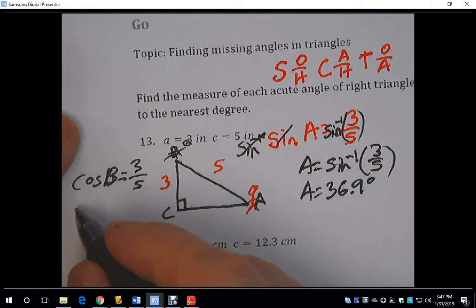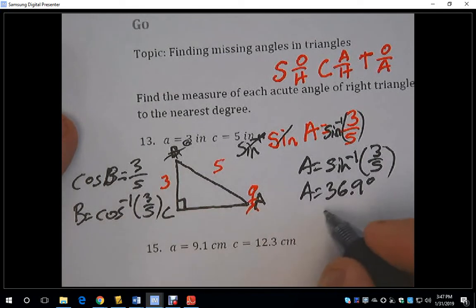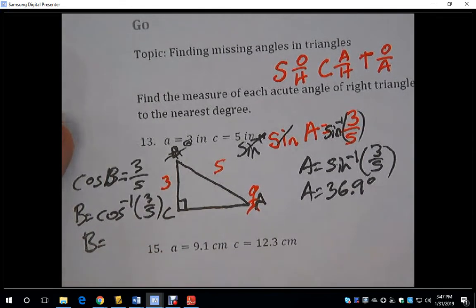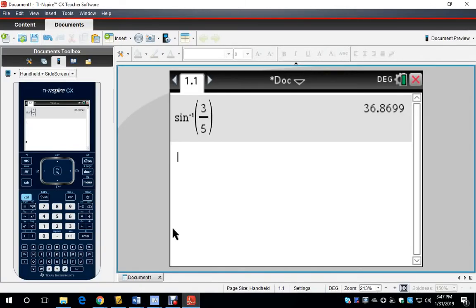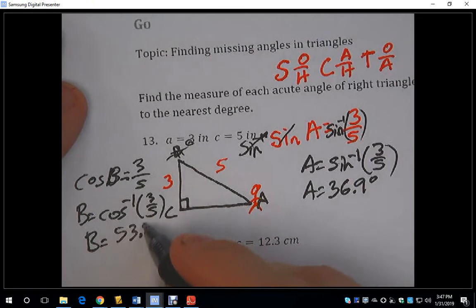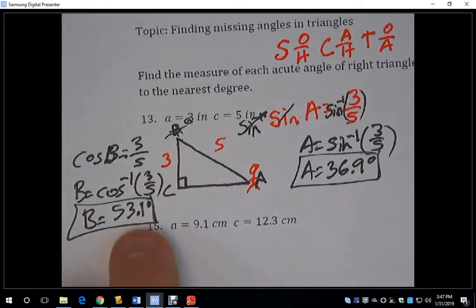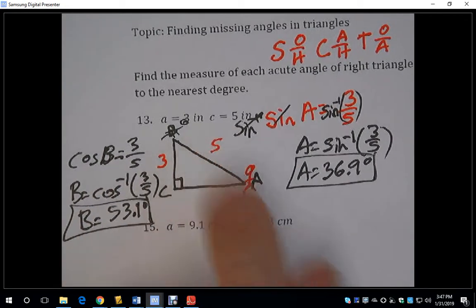And then we could do the inverse of cosine, so I have B equals the inverse of cosine of 3/5 to get what B is, which is the inverse of cosine of 3/5. And I'm getting 53.1 degrees.